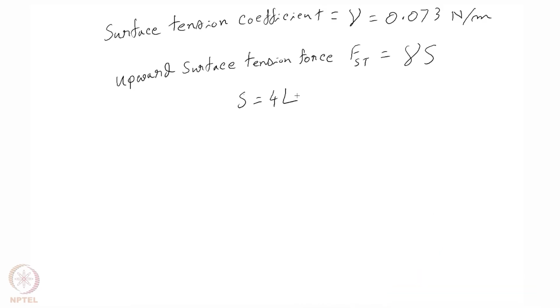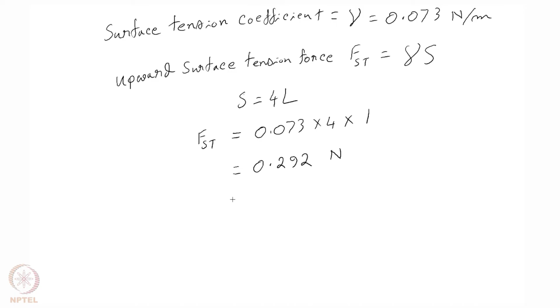So, the perimeter is 4L. So, what is the surface tension force? FST is equal to 0.073 into 4 into 1, and that is equal to 0.292 Newton.